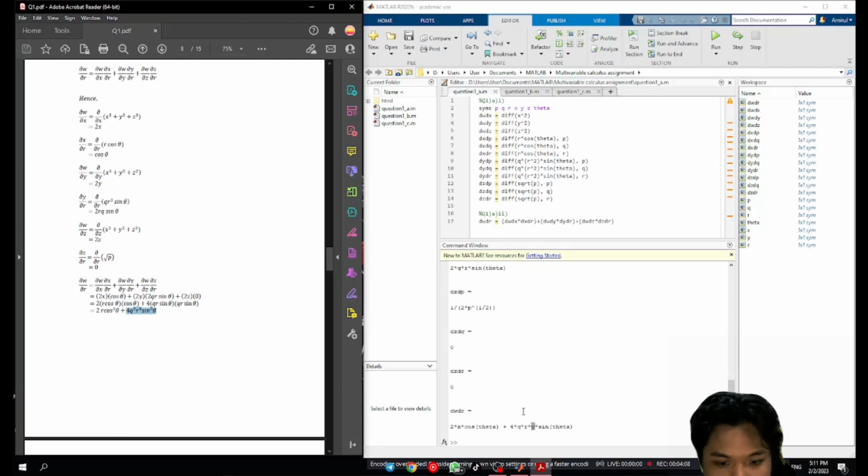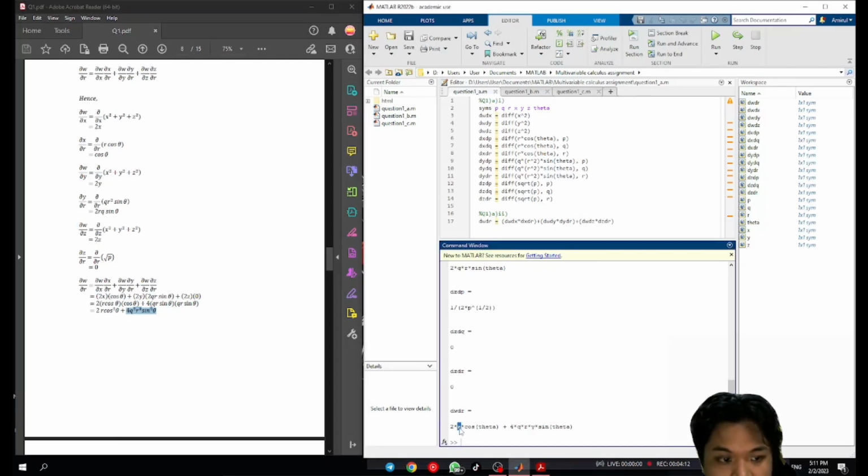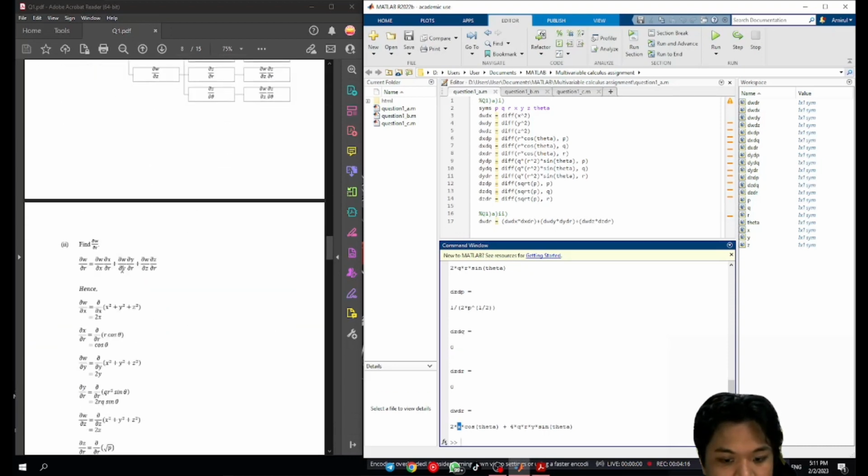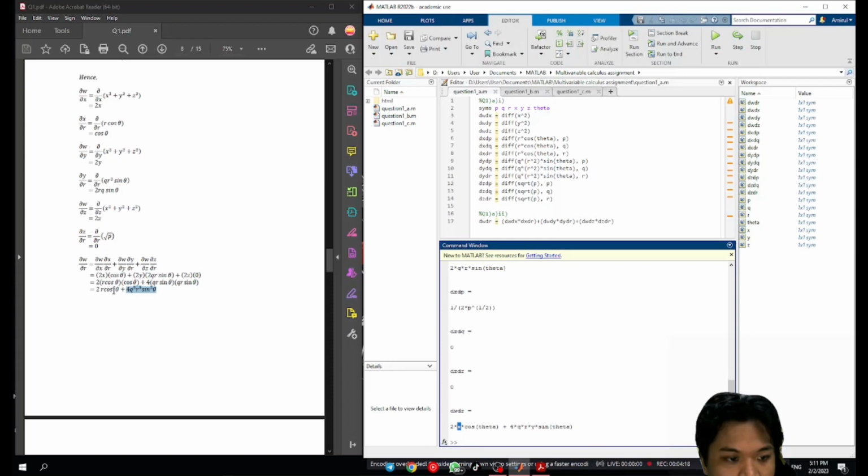So this is basically the same as this one. X is equal to r cos theta, so r cos theta multiplied by cos theta gives r cos square theta. That's all for question 1.